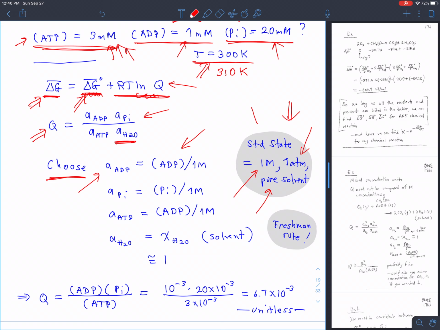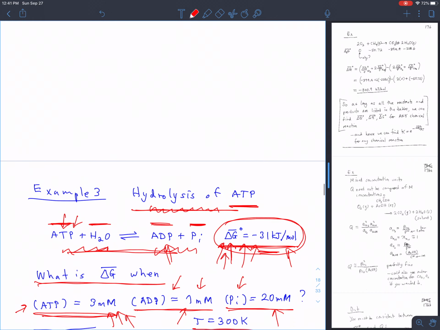Under cellular conditions, none of those conditions apply, which means our activities are not at standard state, but we have to choose standard state conditions in our definitions of the activities that match with these standard state choices. So we choose the activity for the ADP to be the molar concentration of ADP divided by the standard state molar concentration.